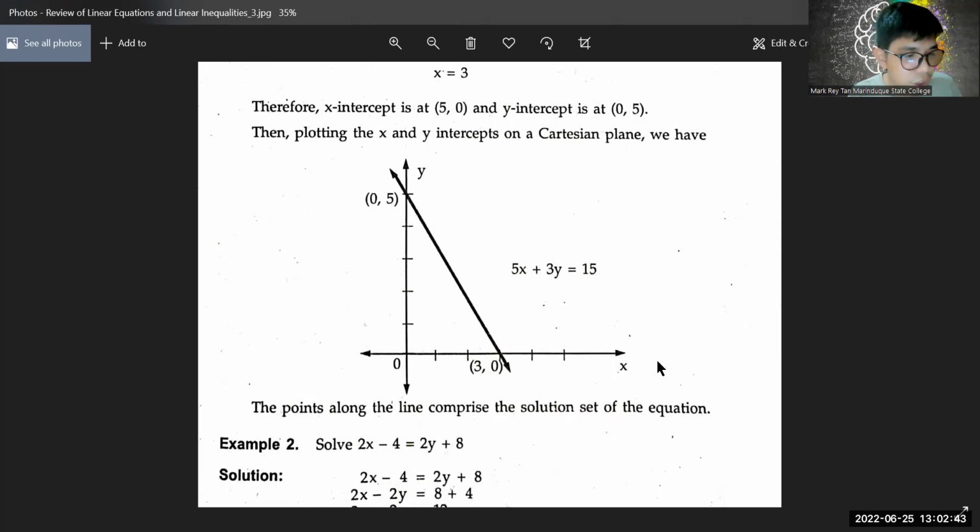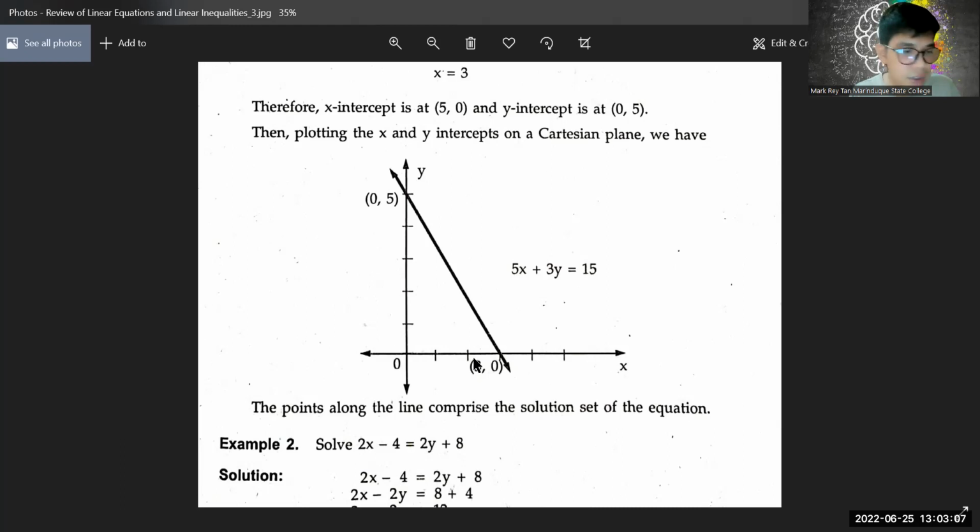Let me read the definition here now. In mathematics, the Cartesian plane is defined as a two-dimensional coordinate plane which is formed by the intersection of the x-axis, itong horizontal line, and the y-axis, itong vertical line. Ayan, okay? So, yun yung ating Cartesian plane.